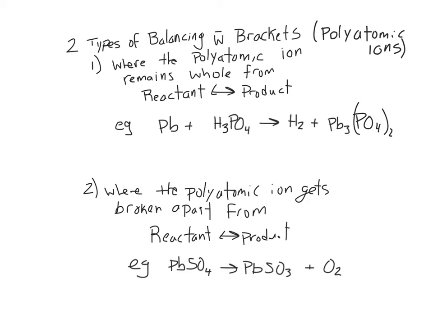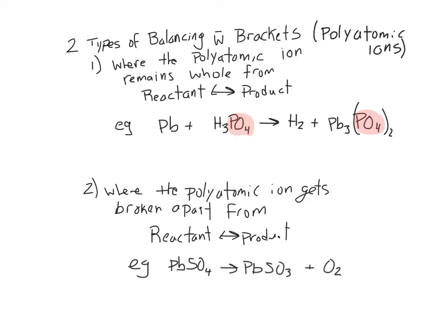But so the first type is where the polyatomic ion remains whole on both sides. So it's not split up. You can see that we have a polyatomic ion here. Notice there's no brackets, but it's still a polyatomic ion. And we have that exact same polyatomic ion there.